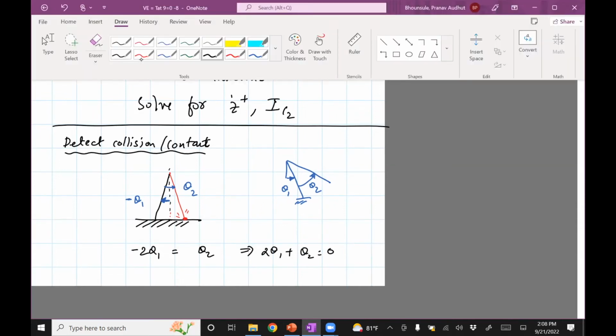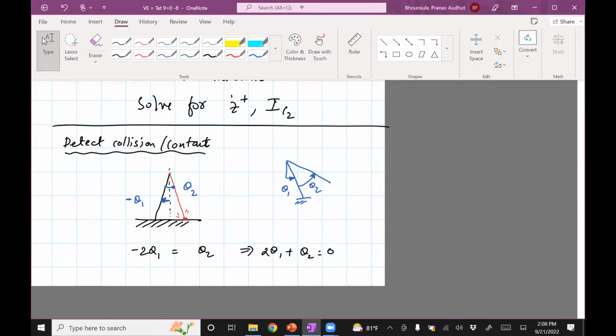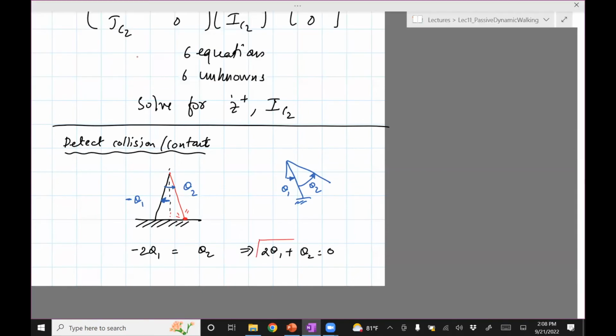And that's the condition I need to check. So when I do the integration in the single stance, I keep checking for the condition that 2 θ1 plus θ2 equals 0. And the moment 2 θ1 plus θ2 equals 0 is when the foot has made contact with the ground.